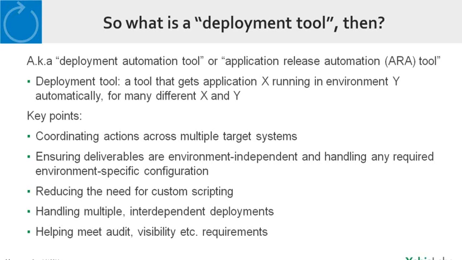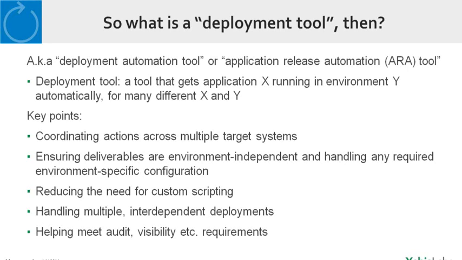That's especially true in the big app world, if you like, where you have a database update happening over here, and you have a change to your web server configuration, maybe a new rewrite rule happening over there, and then you have a configuration change to your app server and the app server code update, and maybe you need to mess around with the load balancer and all that kind of stuff. So you need to coordinate this across multiple systems. In a microservices world, this is also coordinating actions, but then coordinating actions relating to multiple different microservices.